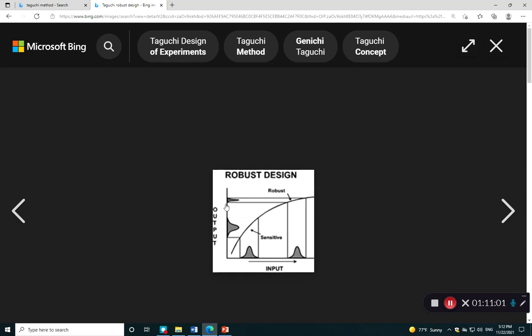So first thing, put it down: Taguchi robust design, or the most important concept about robustness based on Taguchi, is insensitivity to environmental challenge, insensitivity to the variations of the situations.